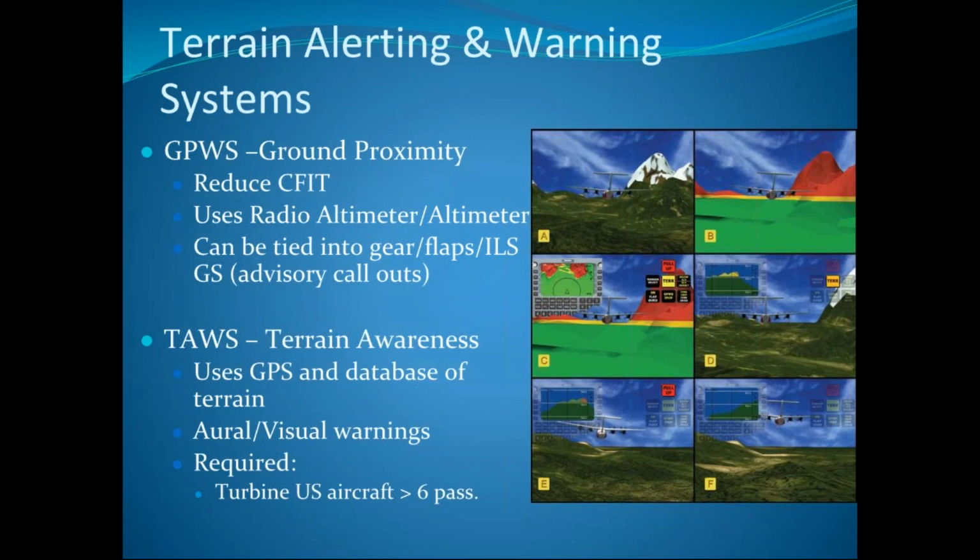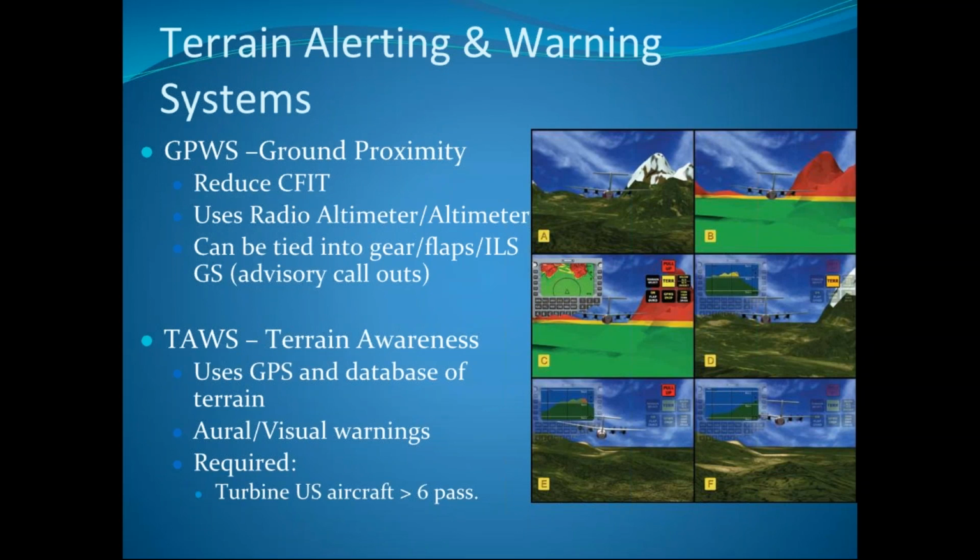It can be tied into the landing gear, flaps, ILS, and then it also gives the glide slope advisory callout. So on that video that we just watched of the supposed Cat 3 landing, when you heard it say 1,000, it was telling pilots you're 1,000 feet above the ground, and then it said 500, 400, 300, 200, minimums, 100, and then a countdown from 50 feet. That's the GPWS.